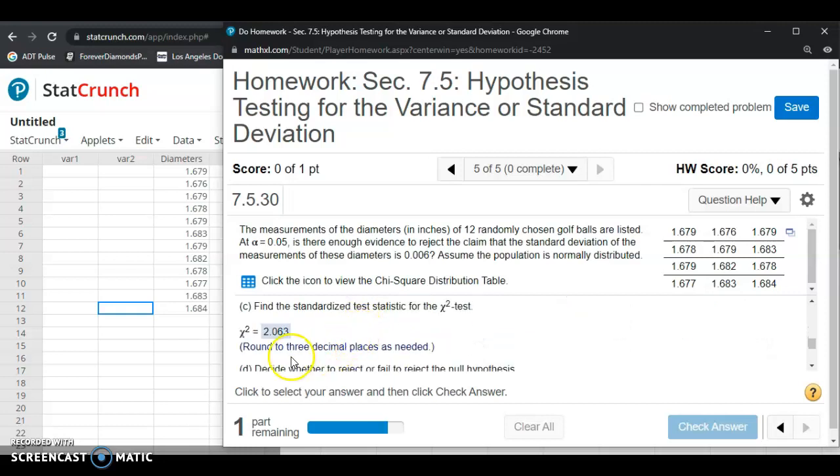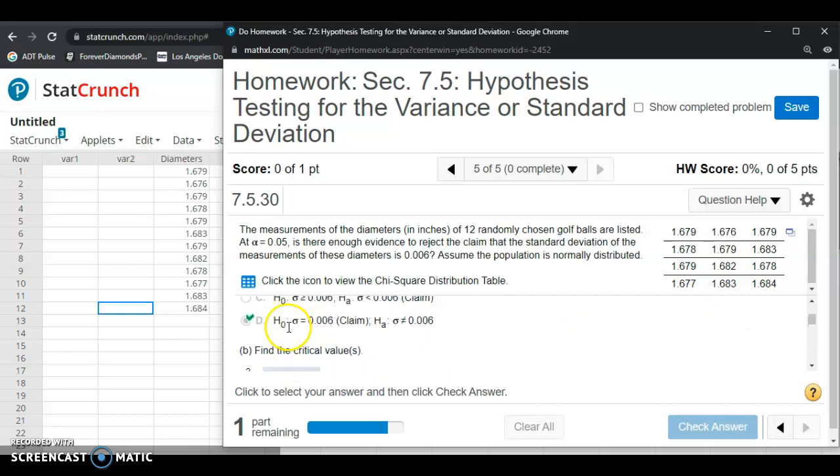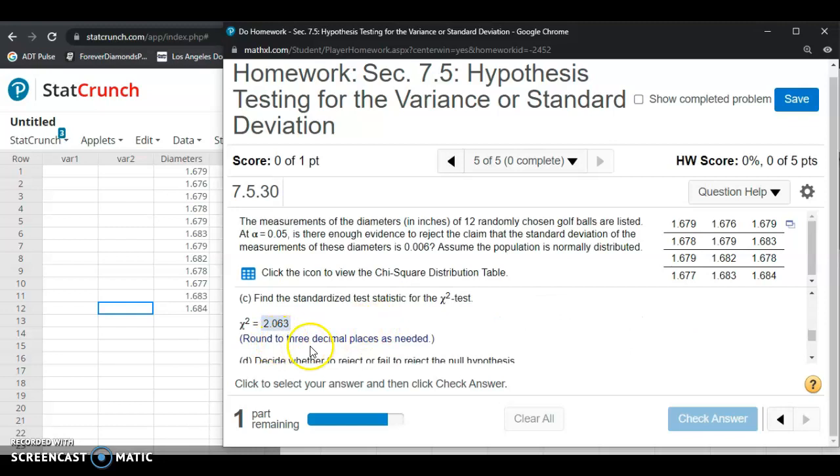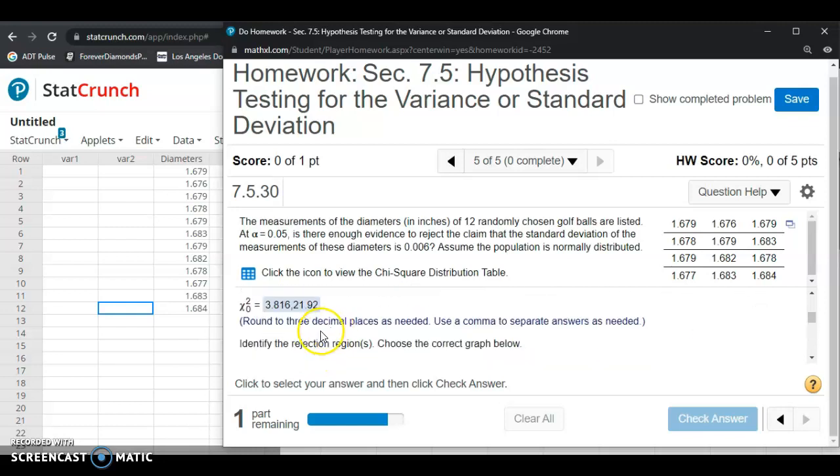So 2.063, if it's either less than the lower critical value or greater than the upper critical value for a two-tailed test, then we would reject the null hypothesis. But if our test statistic is between the two critical values for this two-tailed test, we would fail to reject.